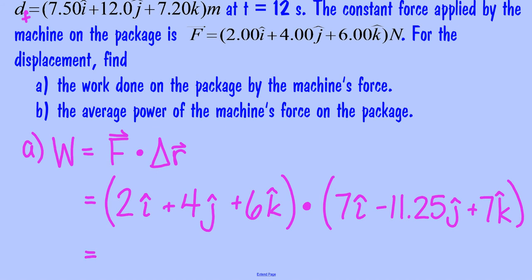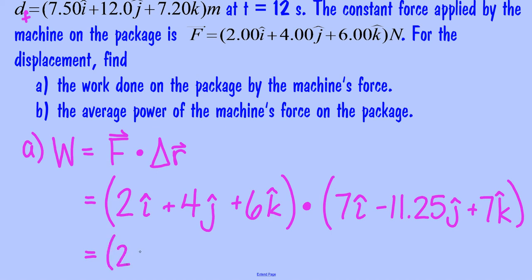So finding the dot product when you have things in unit vector notation is relatively simple because all I need to do is multiply the x components, multiply the y components, multiply the z components, and then add together what I get.